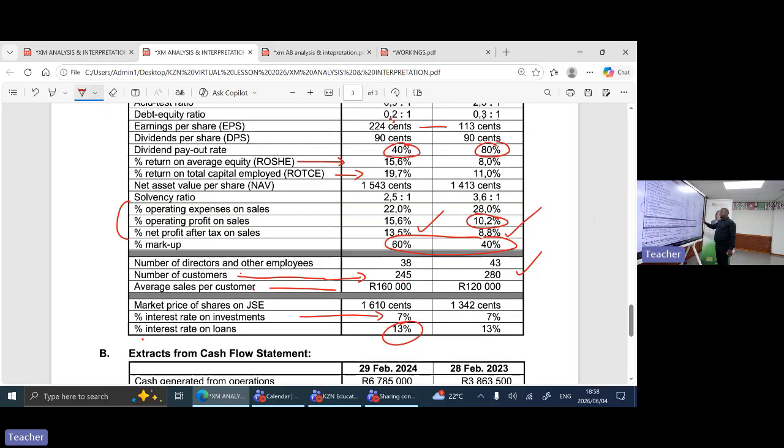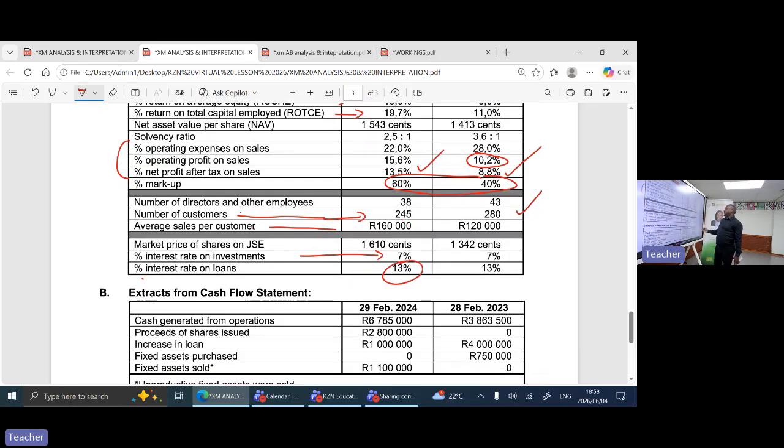Firstly, it is crucial for you to compare the two. The market price increased, as you can see, from 1,342 cents to 1,610 cents on the JSE. Why would the market price increase on the JSE? This is because of good image, or as I was saying, the business is doing well. So it's good publicity.